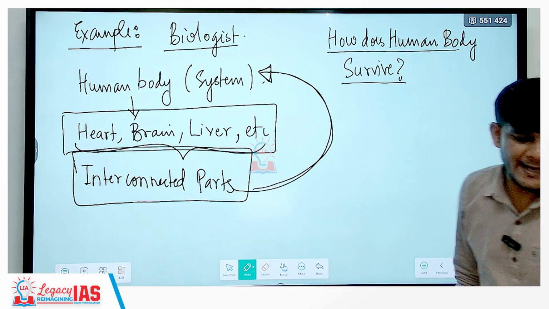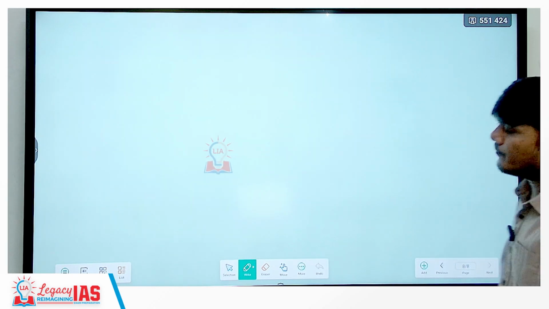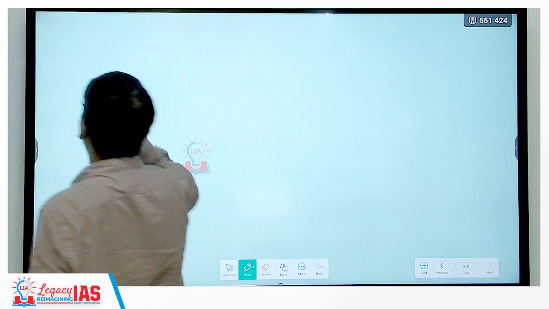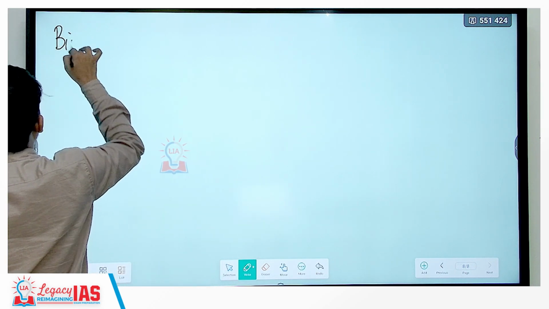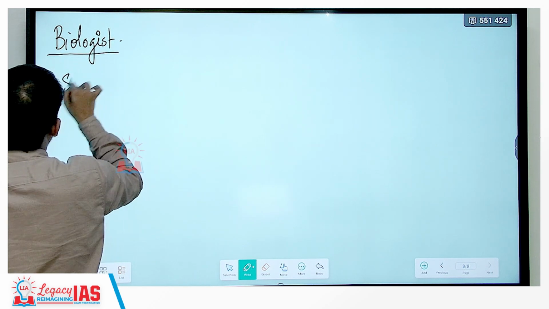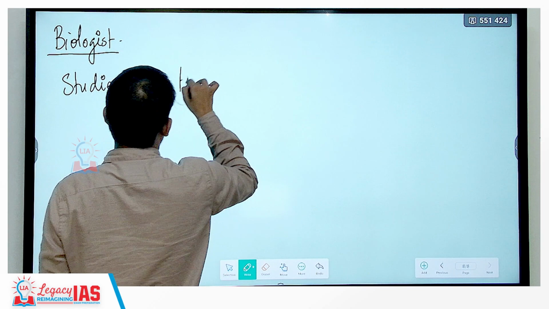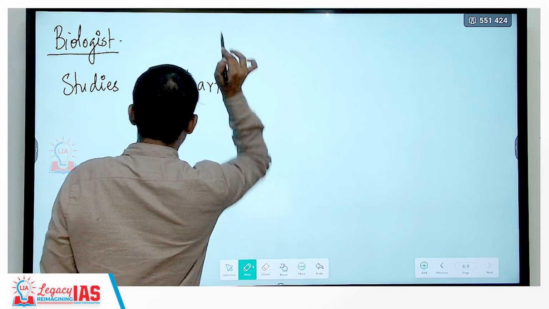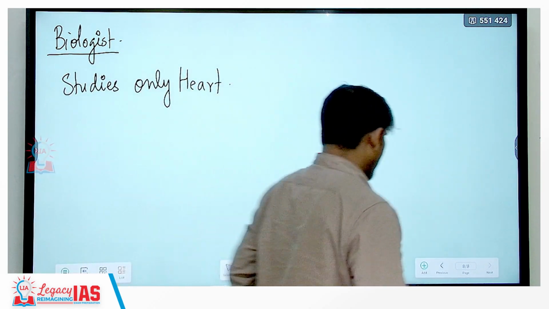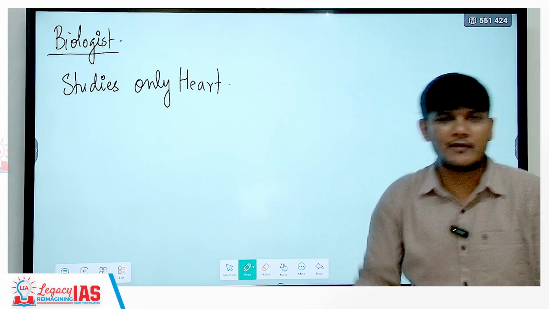Now, there is one catch over here. What is the catch? The catch is that if the biologist studies only the heart, in this scenario, will the biologist be able to understand how the body is surviving?